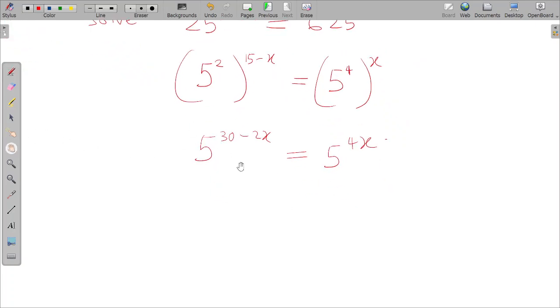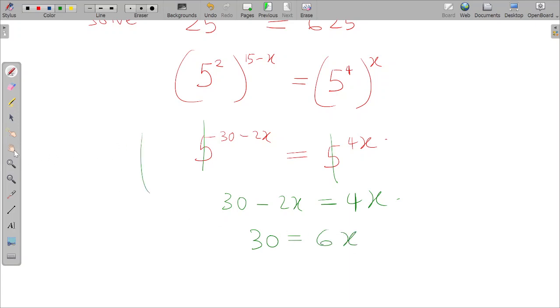All right, now we have a base of 5 on the left-hand side, a base of 5 on the right-hand side. They can cancel one another, and then we have 30 minus 2x equals 4x, and 30 equals 6x.